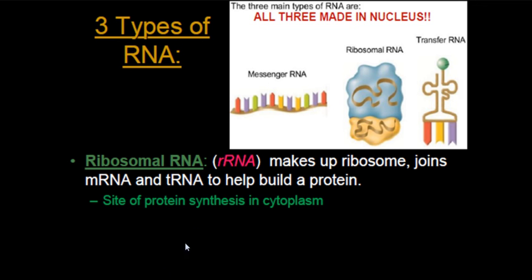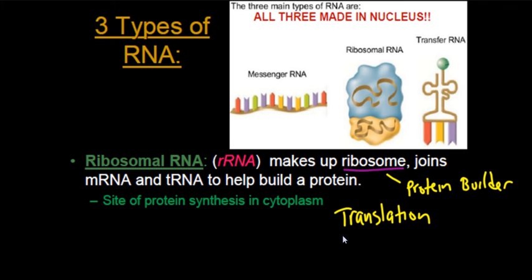Our final RNA is simply ribosomal RNA. Just think ribosome here. Ribosome, what does the ribosome do? It is the protein builder. So this is also going to be part of translation.